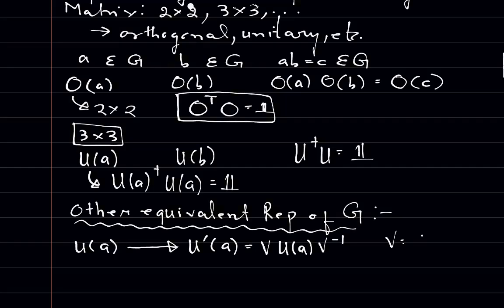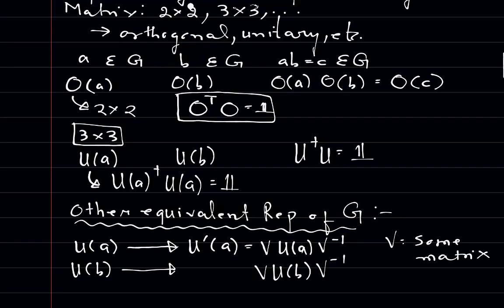Now what is V? V is some matrix. How do I find V? How do I choose V? We'll come to that later on. So V is some matrix, and under this matrix you get new matrices. Similarly, if I have the old representation of element B, then by applying V in this particular way, I get a new matrix representation of element B. Now we will do an example and explicitly see examples, so keep that in mind.